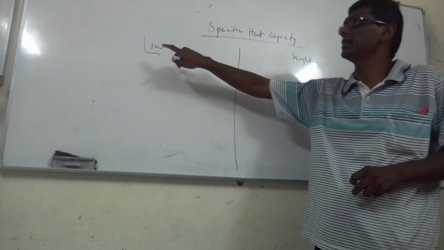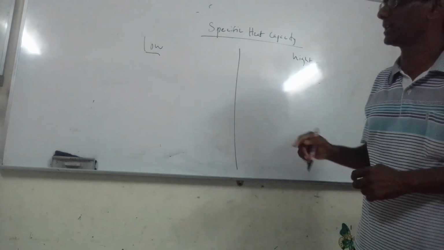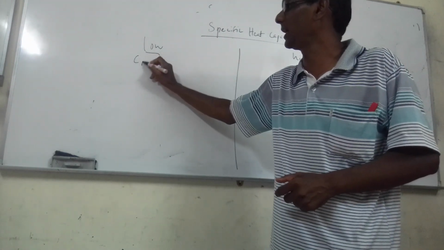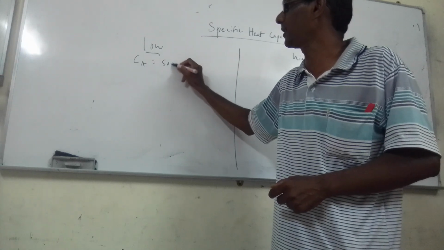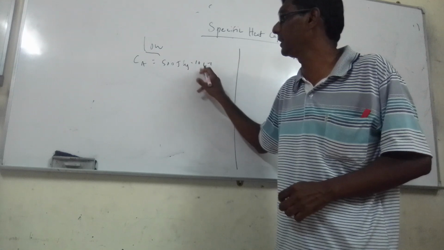So now we are going to learn low specific heat capacity and high specific heat capacity. For example, the low specific heat capacity object A is 500 joule per kilogram per degree Celsius.